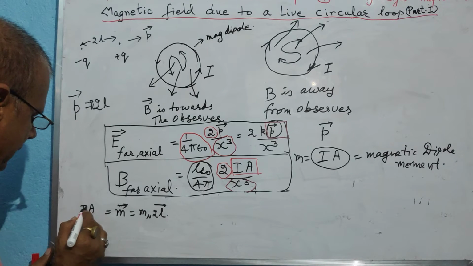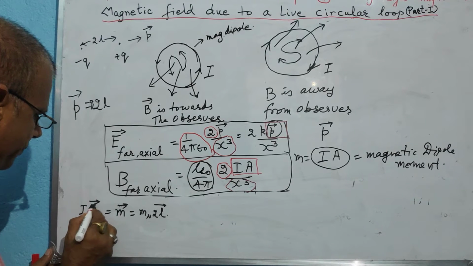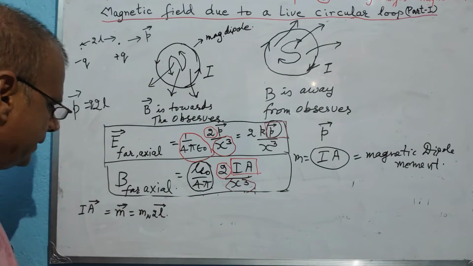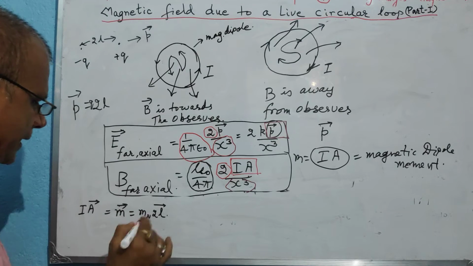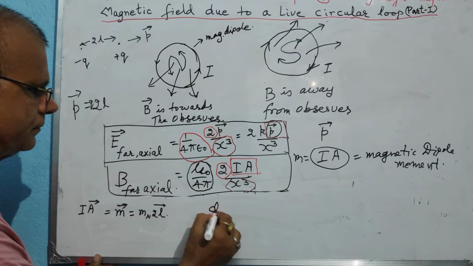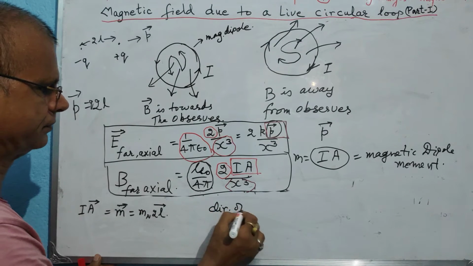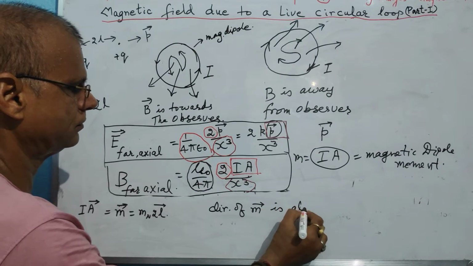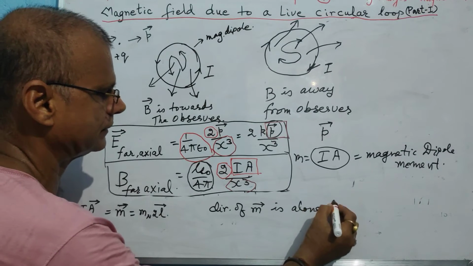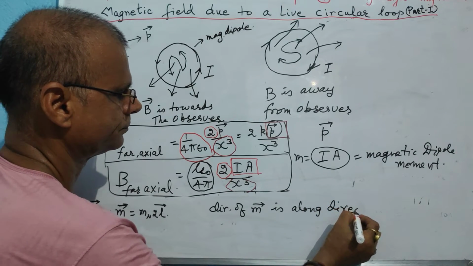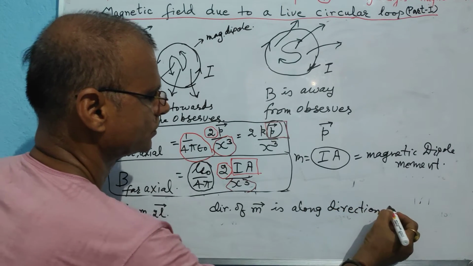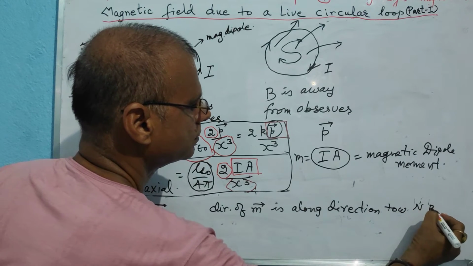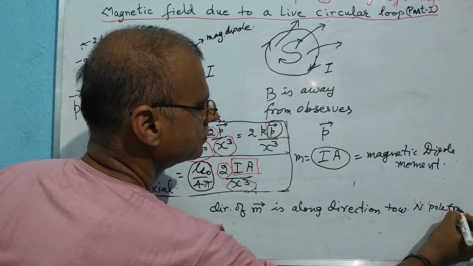We take it in the same fashion as we have taken the electric dipole moment as a vector quantity. Here also the direction of magnetic dipole moment is along the direction towards North Pole from South Pole.